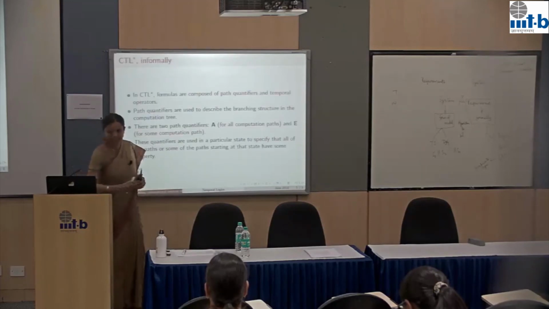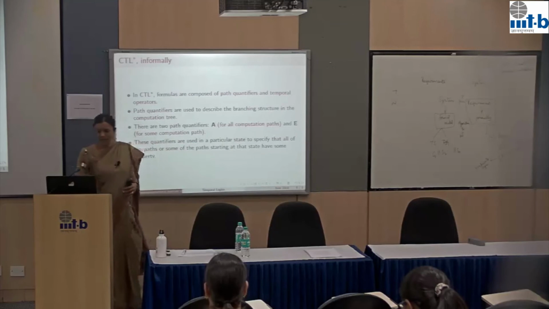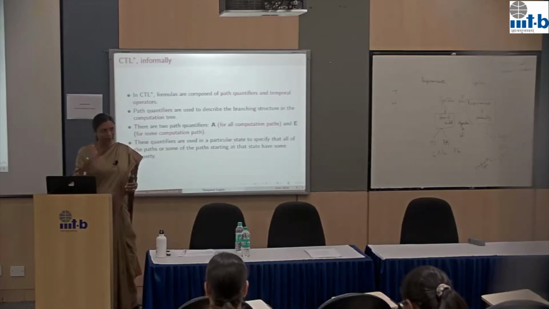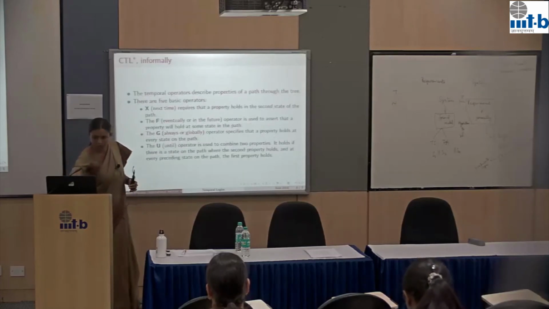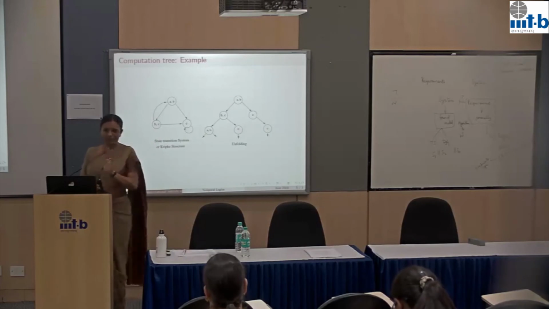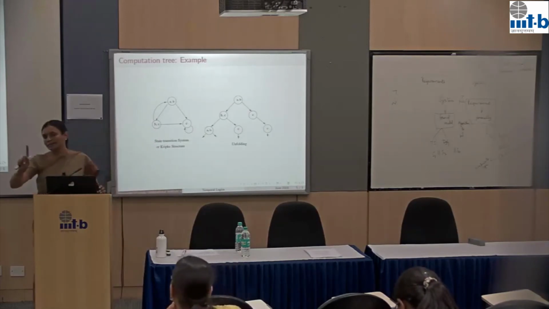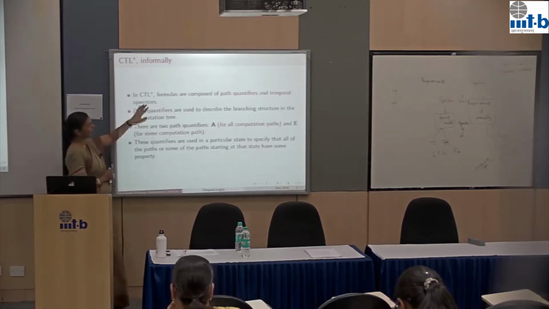And sitting at a state, if I write a formula with an E, then A stands for all, E stands for existential. So I'm talking about either this or this. I don't know which one. I don't specify which one, but any one from that state. So that's the outermost operator in branching time logic.